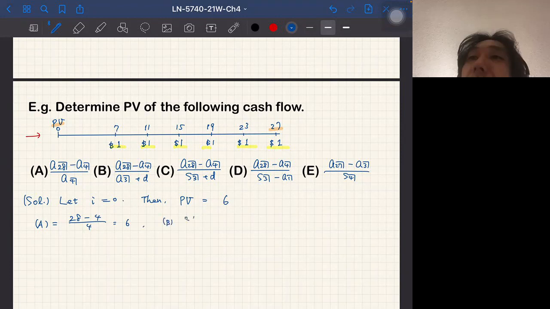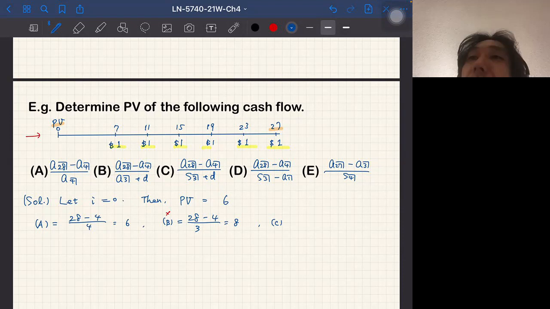How about B? B is 28 minus 4 over 3. With i equal to 0, no discount. So this is 24 over 3, so 8. So B, we can already cross out, because it does not hold for i equals 0.